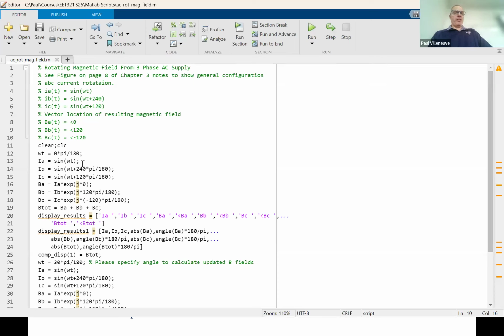So plugging in 0 degrees because omega times T is 0. MATLAB makes me work in radians. So that's why I had to multiply by pi over 180, because MATLAB would say, oh, that's not 0 degrees. It would do the calculations in radians. So I'm just showing you how you do the calculations here to convert to radians.